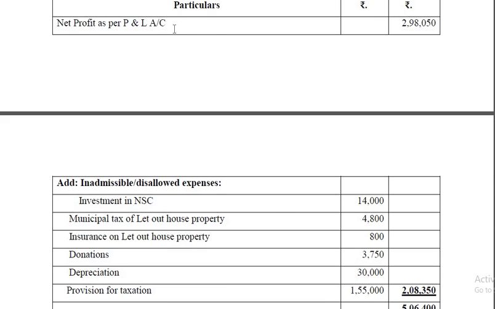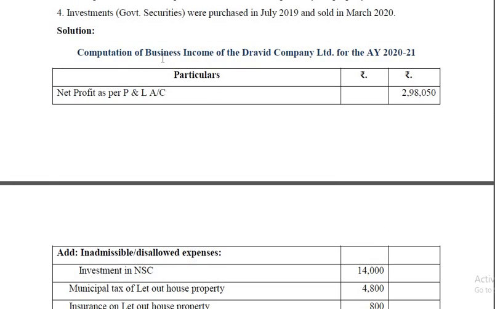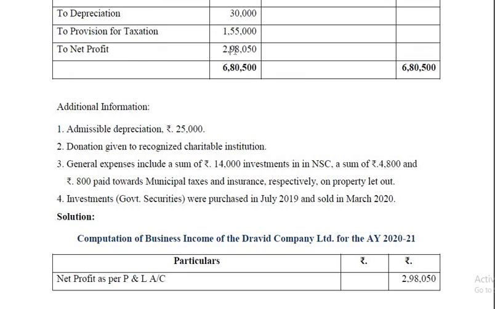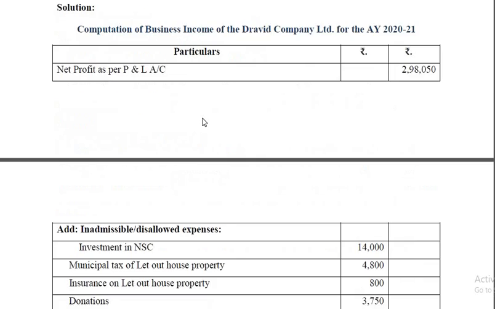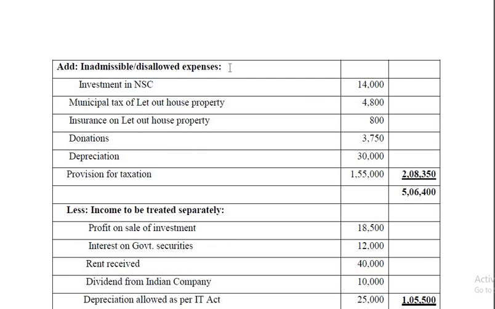Starting point is net profit as per profit and loss account in the computation of business income. 2,98,050. So it is drawn from this value, this profit and loss account. And then disallowed expenses or inadmissible expenses. What do you mean by this? These are expenses debited to profit and loss account but not allowed while computing business income.